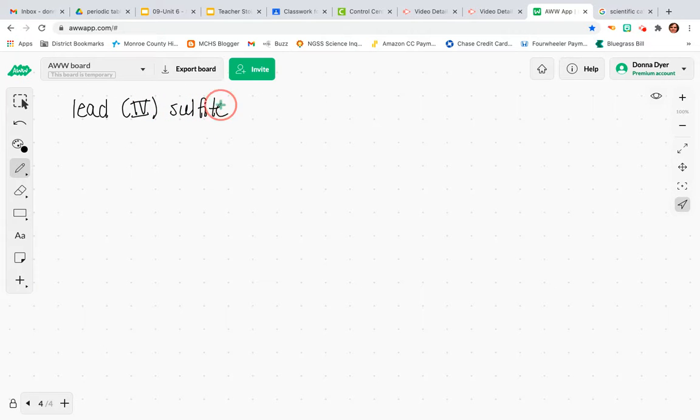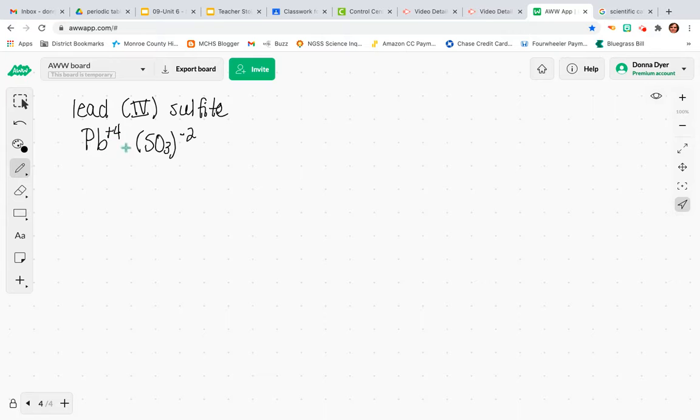Again, you got to have the formula before you can find the molar mass. So lead 4, I know lead is Pb, and I know that Roman numeral 4 means the charge of the lead is +4. Sulfite from my polyatomic ion sheet is SO3, and it has a -2 charge. And I will also put that polyatomic ion sheet on your PowerPoint so that you will have that to refer back to when you need it.